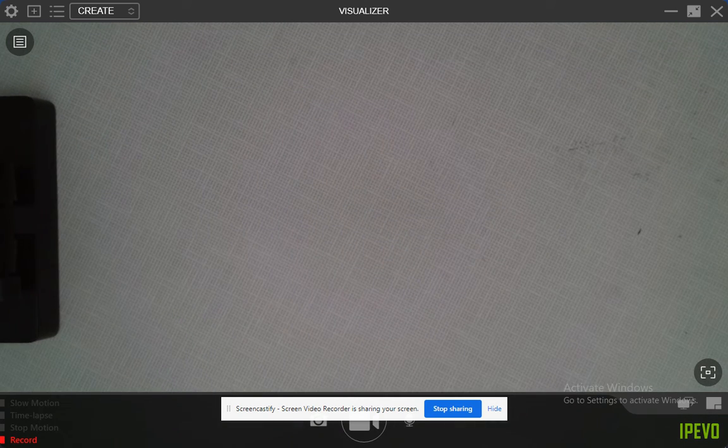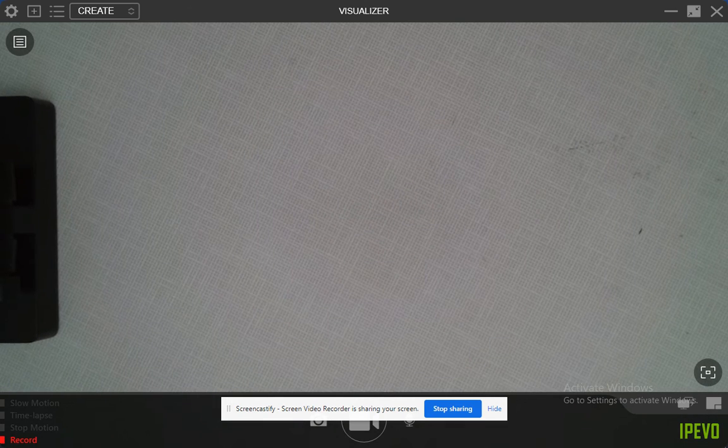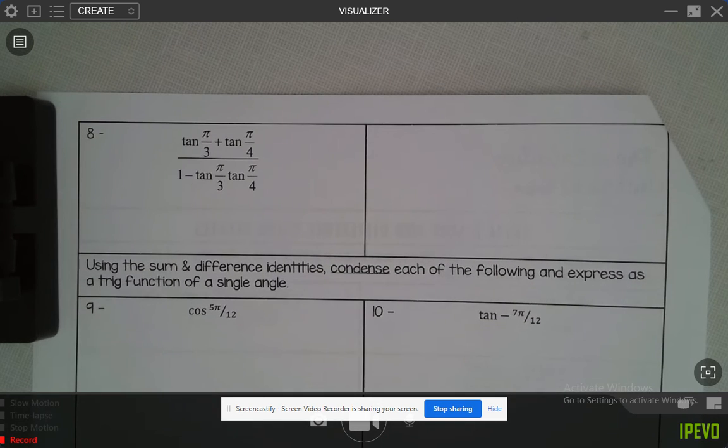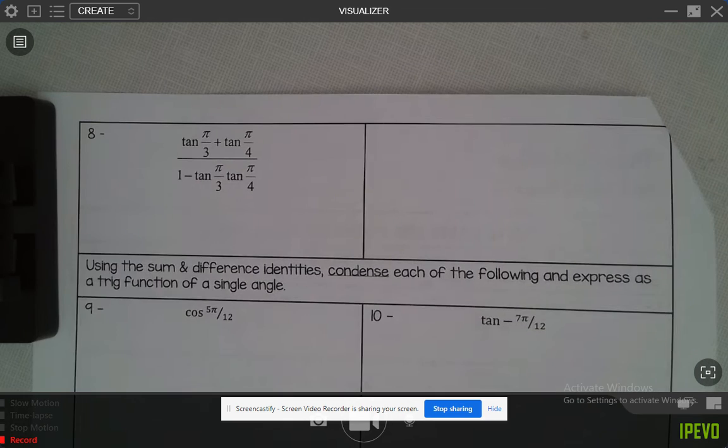I know you did. It's okay. I got it right there. What? The cosine of 13 pi over 42.